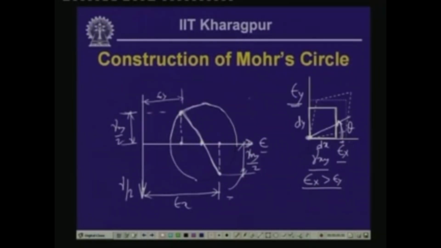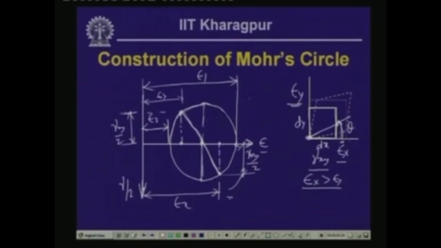Now, corresponding to this particular circle, the value of the maximum normal strain is this, which we have denoted as epsilon 1. The minimum normal strain is this, which we have denoted as epsilon 2, and the value of the maximum shearing strain, positive shear strain, is this, and the value of the negative shear strain, or the minimum shear strain, is this.